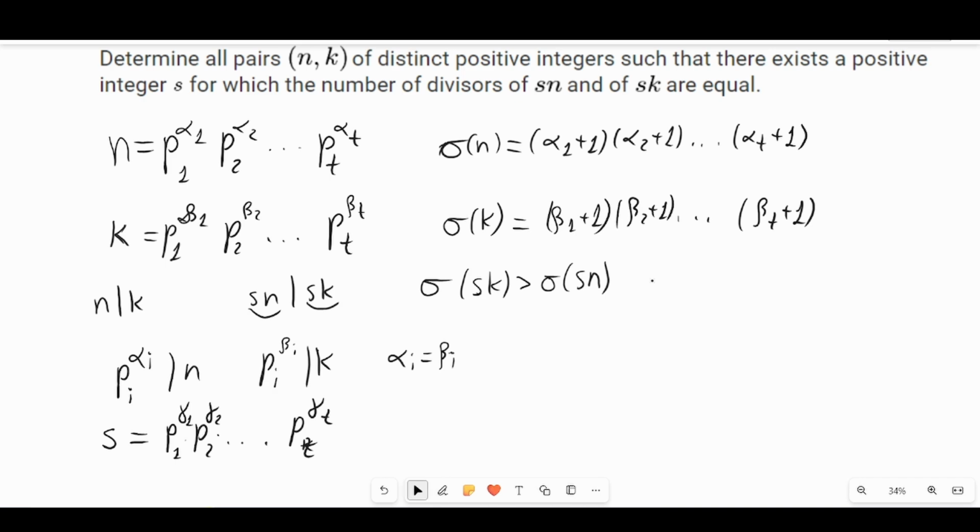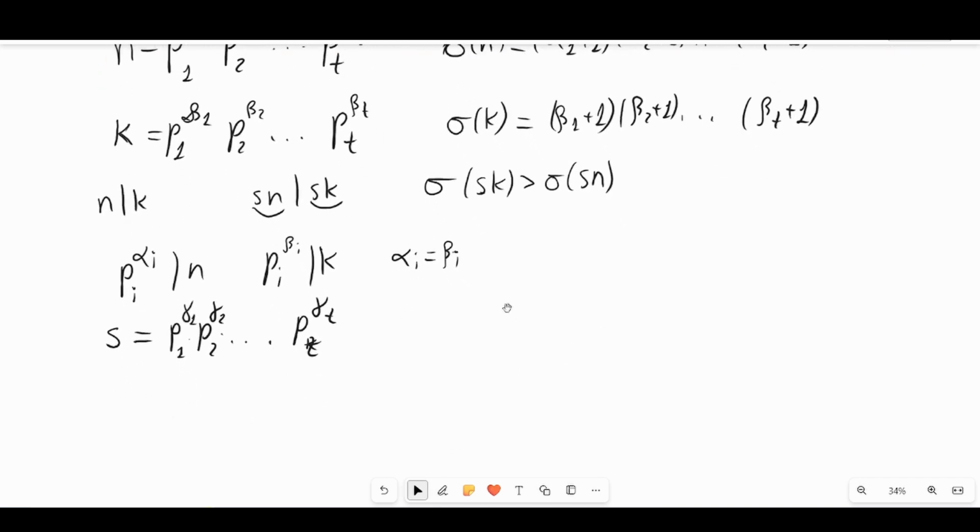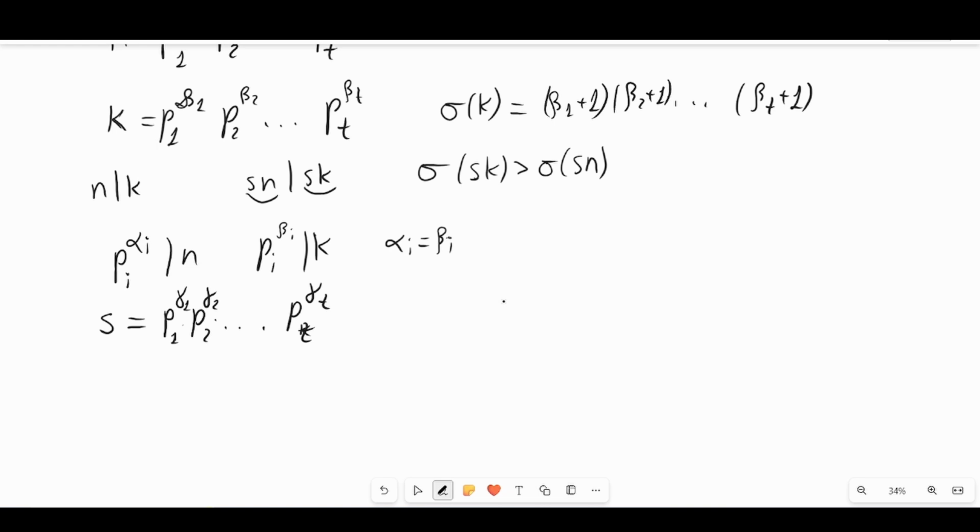And now we need to discuss two different sets. The first set will be called the A set. It consists of the indices i where alpha i is less than beta i.